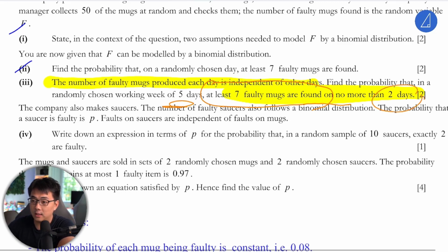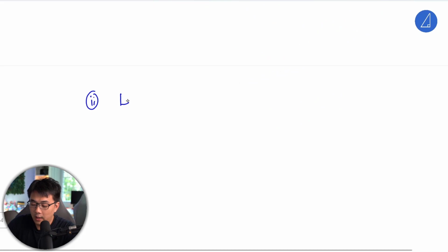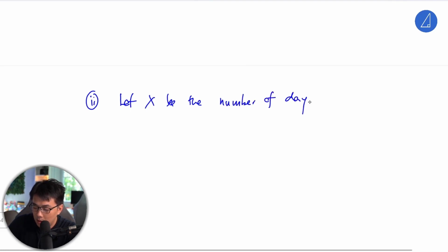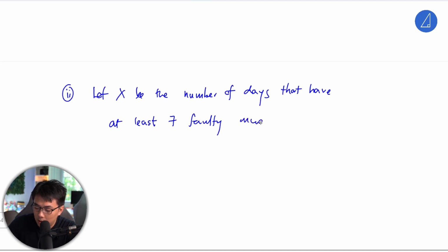So let's try and understand this part here, compartmentalize it. I'm going to let X be the number of days that have the condition here. This is the condition, at least 7 faulty mugs, out of 5 days.